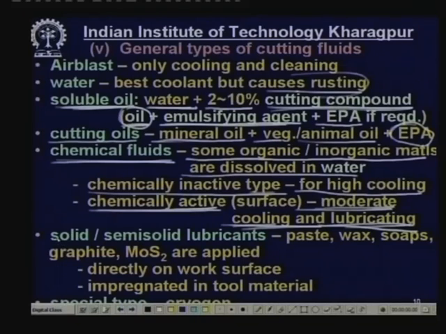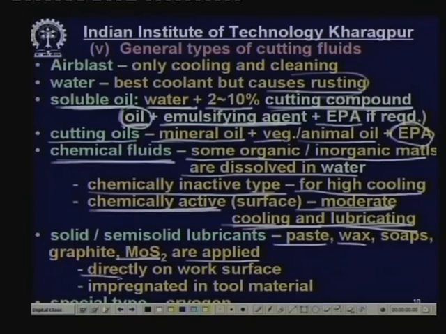Now, sometimes solid lubricant is also used, solid or semi solid lubricants, neither liquid nor gas. These are like paste or wax or soaps or graphite or a material like molybdenum sulphide. How is it applied?